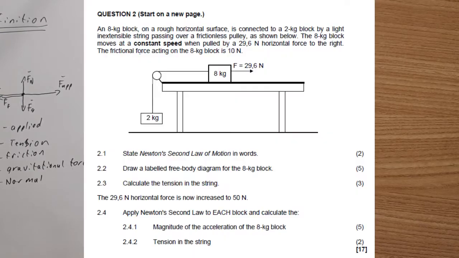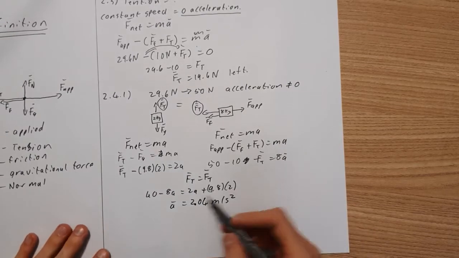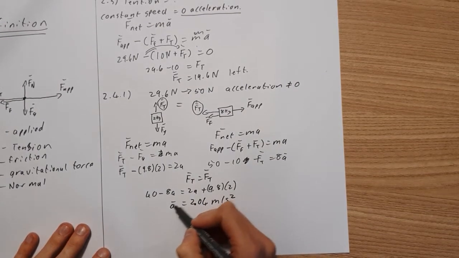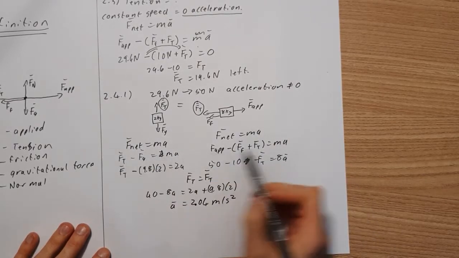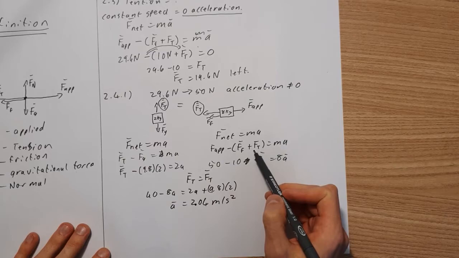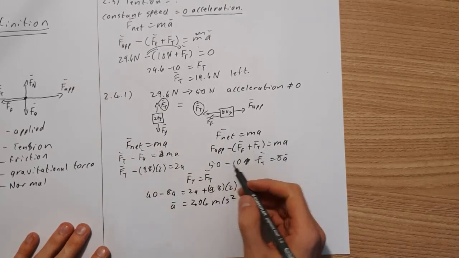Okay, so now looking at 2.4.2, it says calculate the tension in the string between the two blocks. So now we want Ft, and we now have the acceleration. We can use any of the equations we've created up here to find our tension. So I'm going to use the simplest one, for the 2 kilogram block.